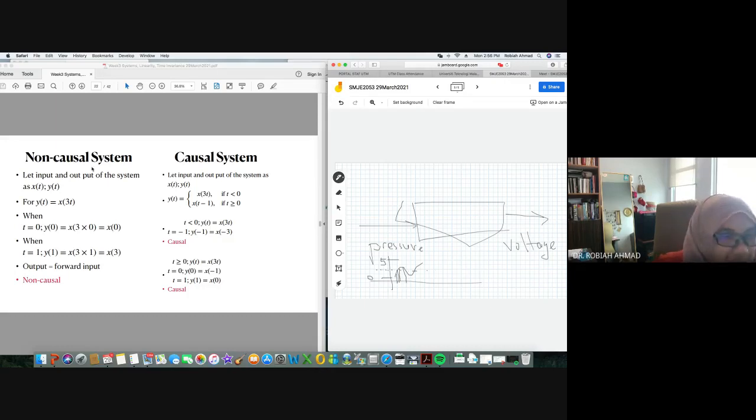Okay, for example, in this case, when t equal to 0, I have that y(0) equal to x(0). So the output depends on the current input. And then when I change t to 1, apa yang saya dapati di sini, y(1), y at time 1 equal to x at time 3. Maknanya output dia bergantung kepada forward input.